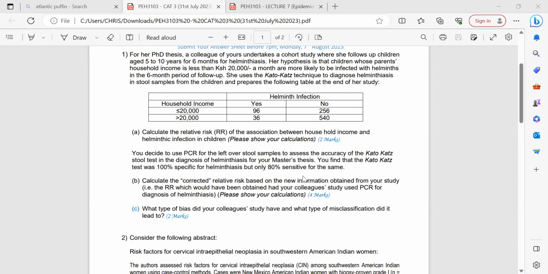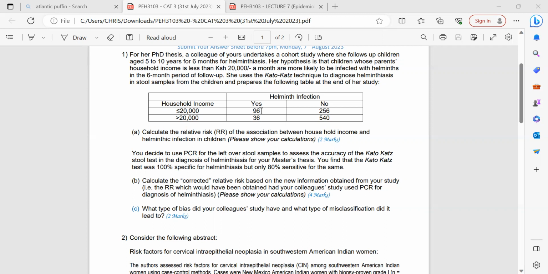However, sensitivity on picking positives was 80%, meaning there was some 20% of samples that were picked wrongly, so they were false positives. Now we are told to calculate the corrected relative risk based on the new information obtained from your study. That is the relative risk which would have been obtained had your colleagues used PCR for the diagnosis instead of CATOCAT.